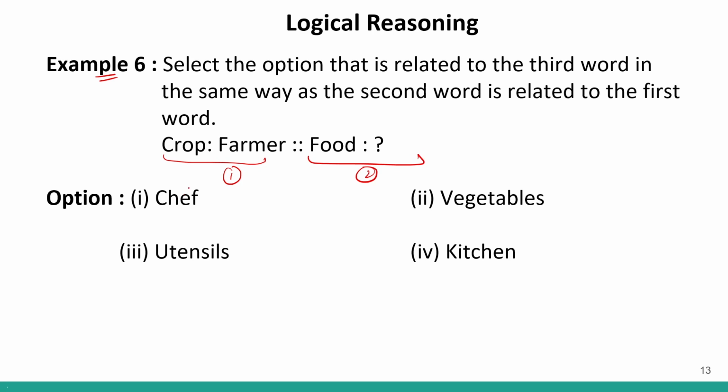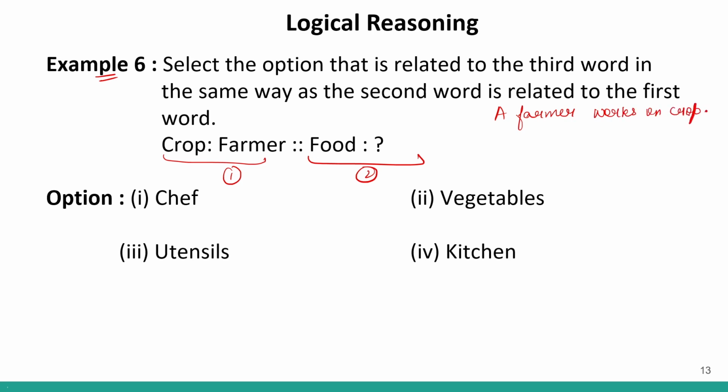Now, example 6. This is a word given to us and this is another pair of words given to us. We have to identify the relationship between these words and then we will use the same logic to find the missing element in this word. So I can say a farmer deals with crops. I can say a farmer works on crops.